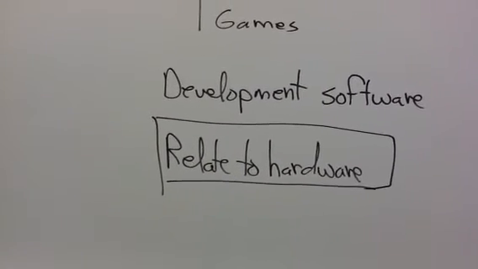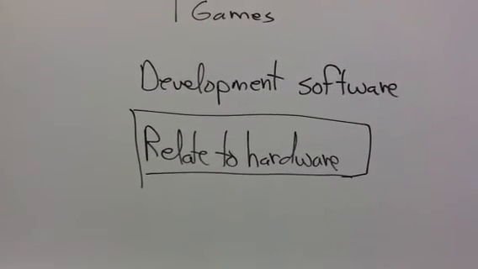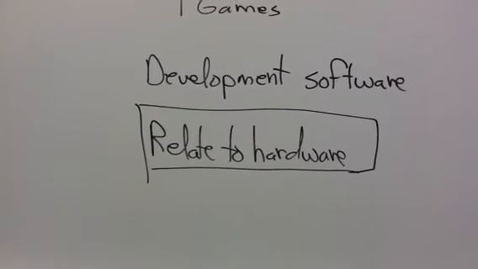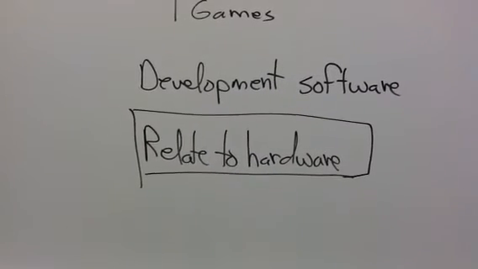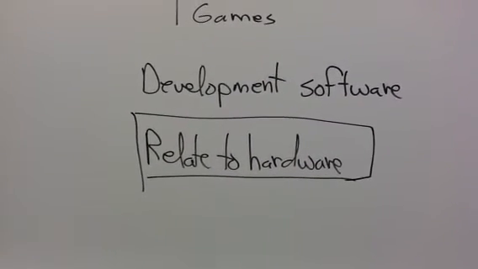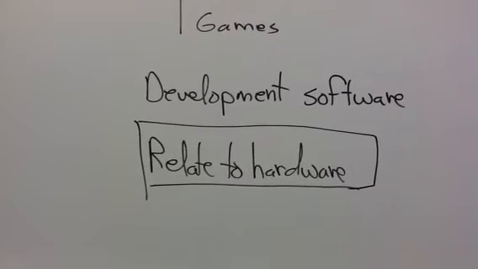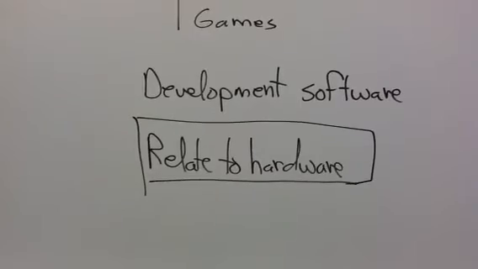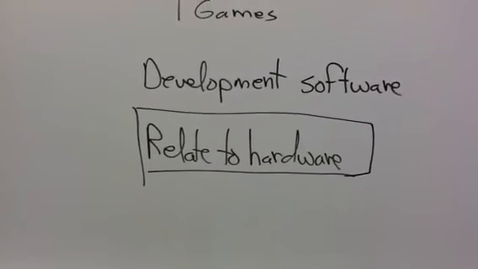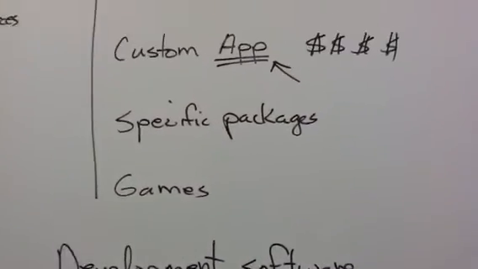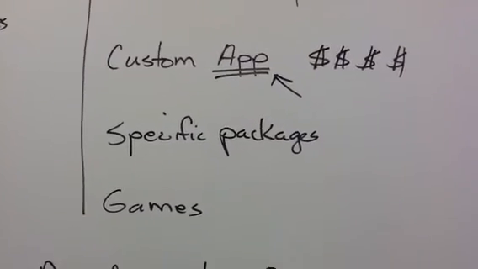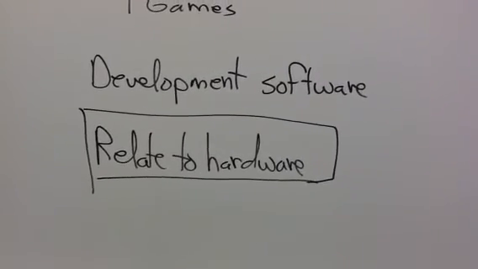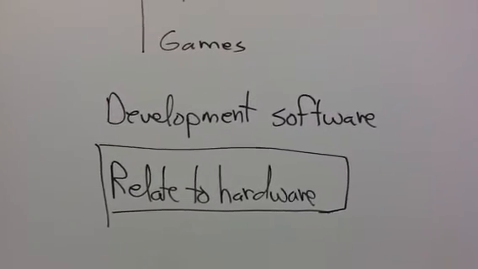So a simple example would be if you were going to buy Photoshop, Photoshop would tell you you need a certain amount of hard disk space for the software, you need a certain amount of RAM for the software to run efficiently, and you need a certain level of processor to run that software on your computer. So if you know you're going to use a package like Photoshop to do graphic work, that'd be like a specific package, you better have the hardware to do that. Okay? So the software drives what you need for hardware.